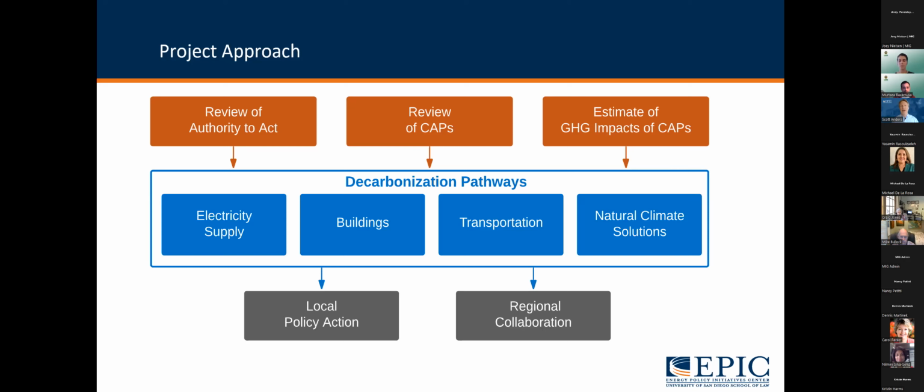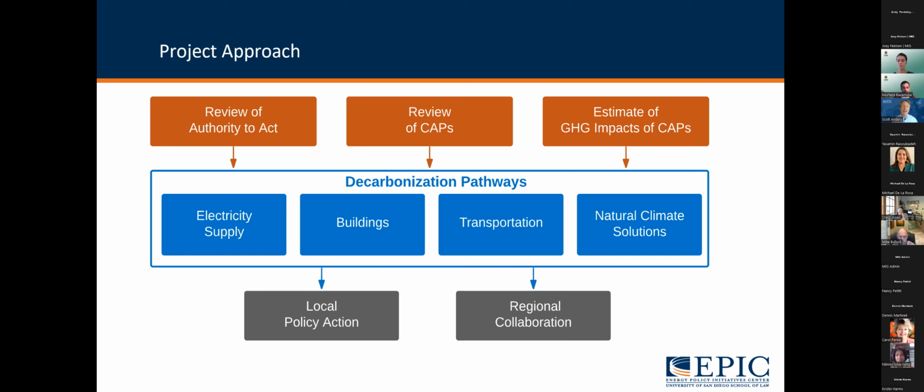And based on all this, we identify opportunities for further local action to reduce emissions and for regional collaboration. It's a subtle point, but we identified opportunities based on our analysis. These are not necessarily recommendations, but rather possible actions that local governments could take.